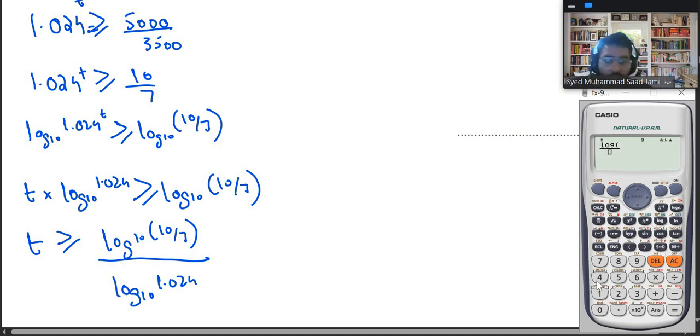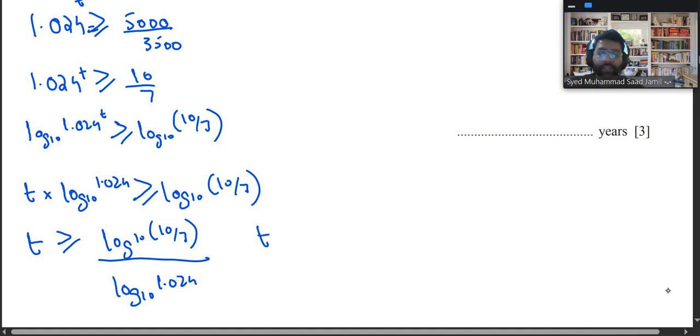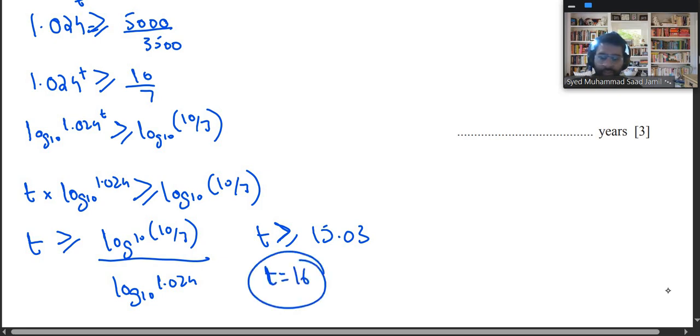So t is greater than or equal to 15.03. Now please do not write your answer as 15, that would be wrong. It says t is greater, so t would be 16 years actually.